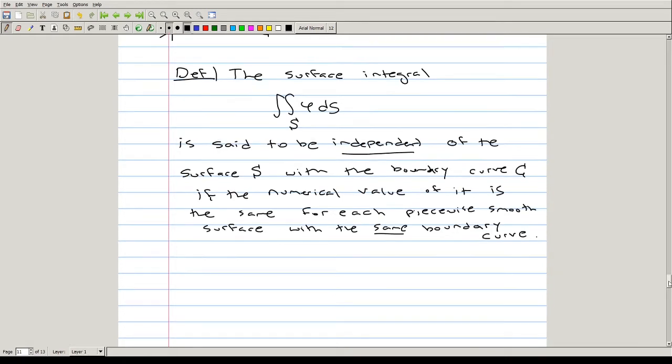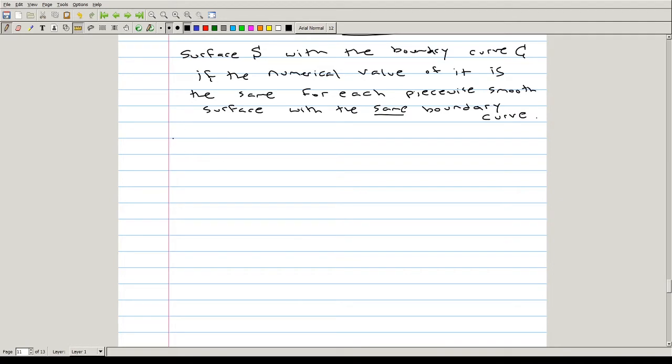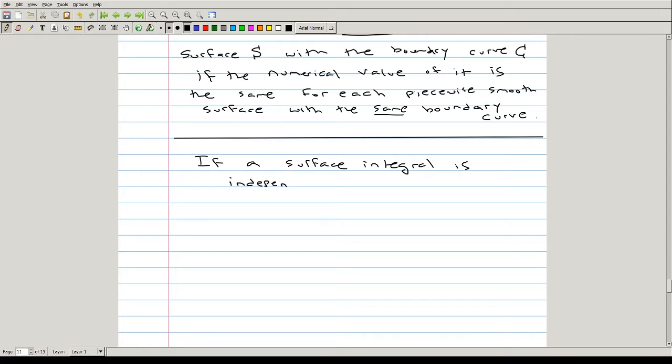And what's nice about this is, in the case of such independence, so if a surface integral is independent, which is definitely not always true, then we can choose, or one may choose, the simplest possible surface to evaluate the integral.